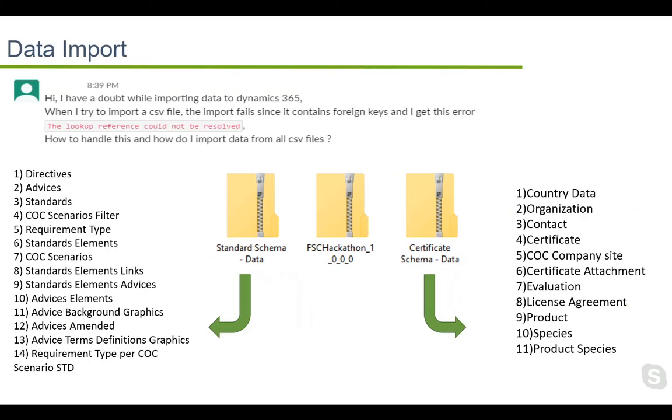So that's why we advise to have the data import of organization entity first, and after that the contact and certificate and so on. So likewise we have mentioned the sequence over here. We advise you to please follow this. You will get this data imported for you.